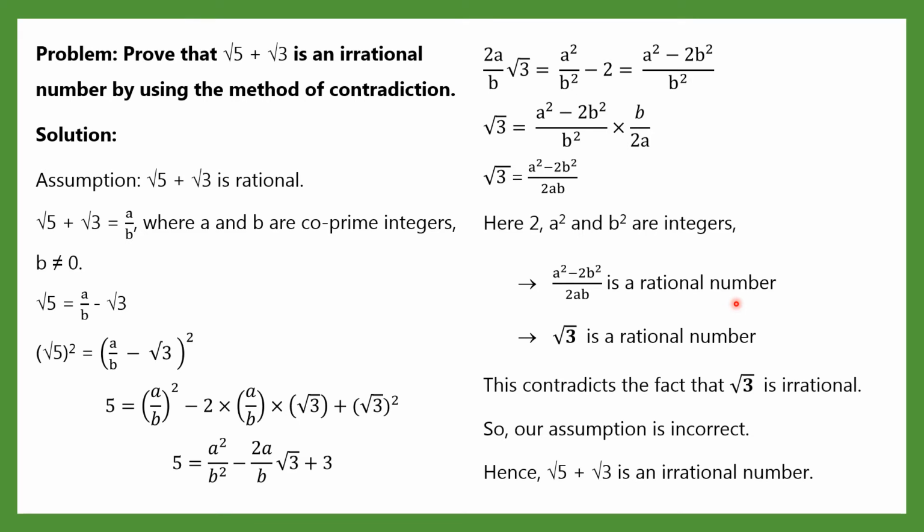This contradicts the fact that root 3 is irrational, because we already know root 3 is irrational, but here we are getting that root 3 is a rational number. This contradicts the fact that root 3 is irrational. So our assumption is incorrect. What is our assumption? Root 5 plus root 3 is rational. That is incorrect. That means root 5 plus root 3 is an irrational number.